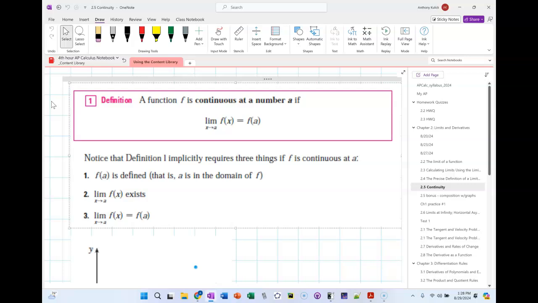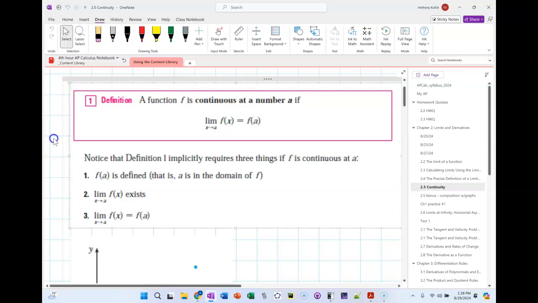Remember that when we say a limit exists, that means its left-hand limit and its right-hand limit agree. So you could also think about this same definition as the left-hand limit equals the right-hand limit, which equals f of a, right? That all three of those things are equal.